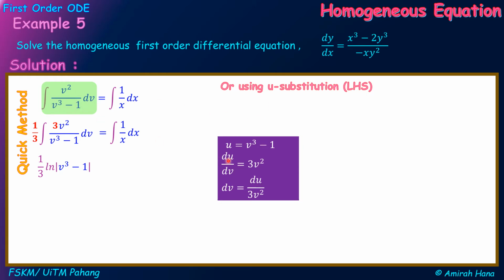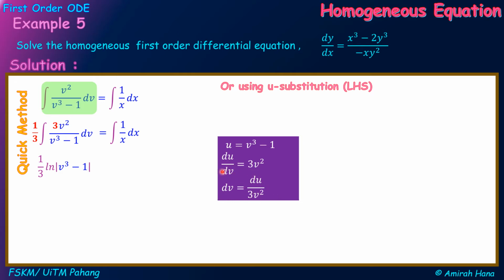Okay, so we choose U equals v cubed minus 1. Okay, and after that, we need to differentiate U with respect to v. So we get du over dv equals 3v squared. Then we write dv as the subject. So we get du over 3v squared.